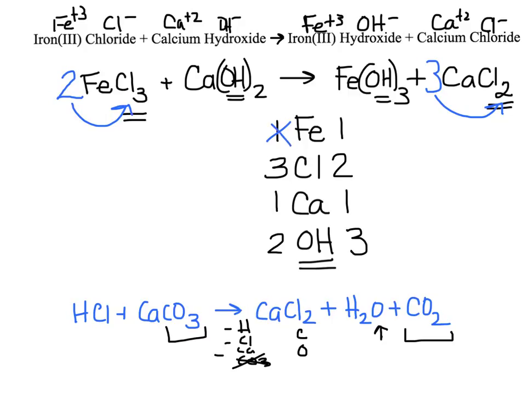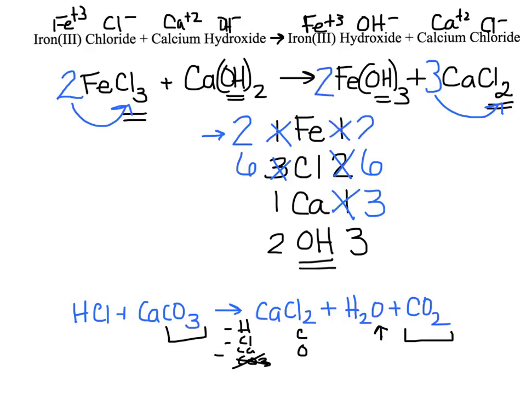So this now gives me 2 irons, 6 chlorines, and then on the right side we now have 3 calciums and 6 chlorines. So let's go back and try to fix our iron. We have 2 on the left and only 1 on the right, so I'm going to put a 2 here.